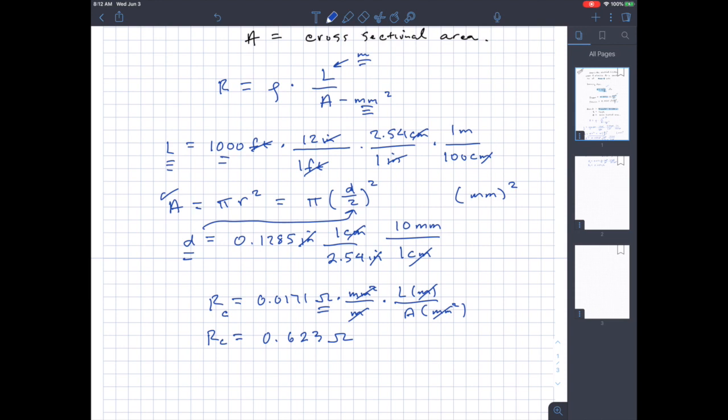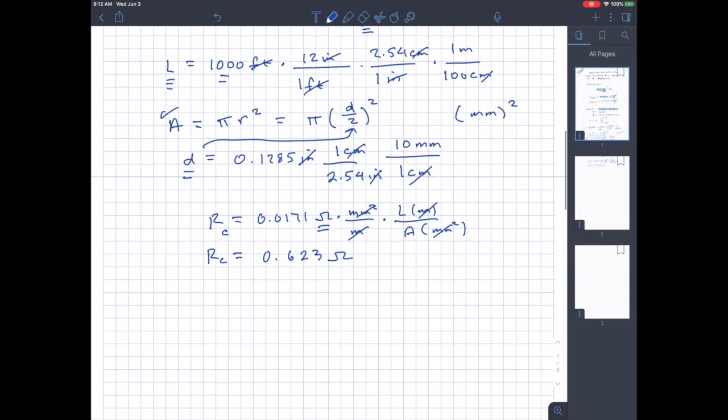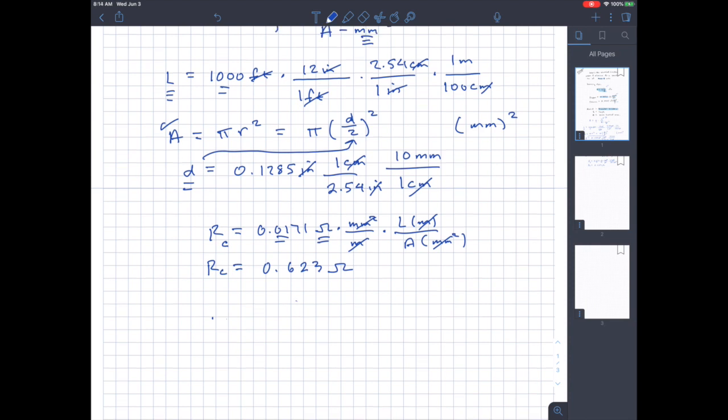Okay, so if I wanted to change that for aluminum, then the only thing that changes is the resistivity. All the other dimensions don't change, and you get a value of Ra is 0.965 ohms. You could write this as per 1,000 feet, because that's what we calculated it for.